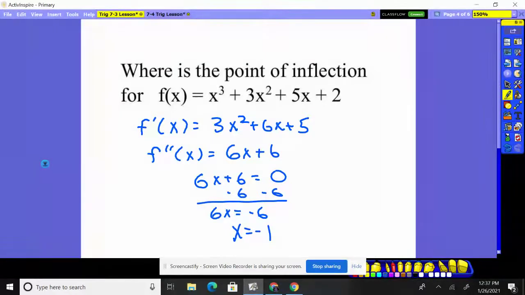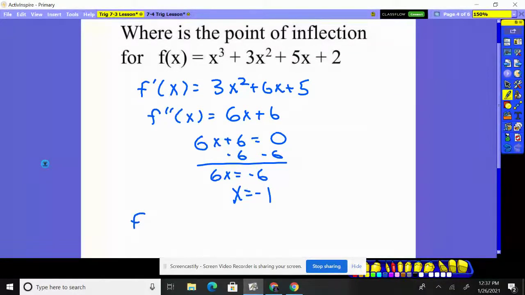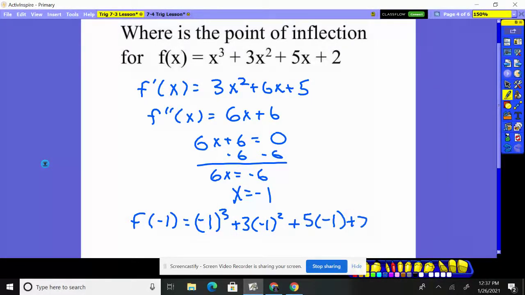Well, how do I find the y value? You just plug negative 1 into the original equation. So f of negative 1. We'll do negative 1 cubed plus 3 times negative 1 squared plus 5 times negative 1 plus 2.